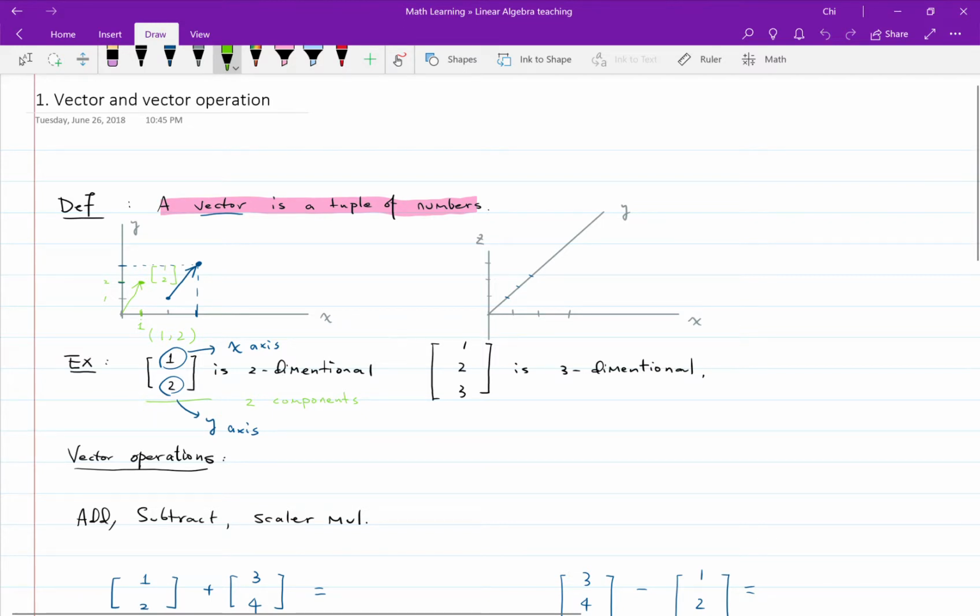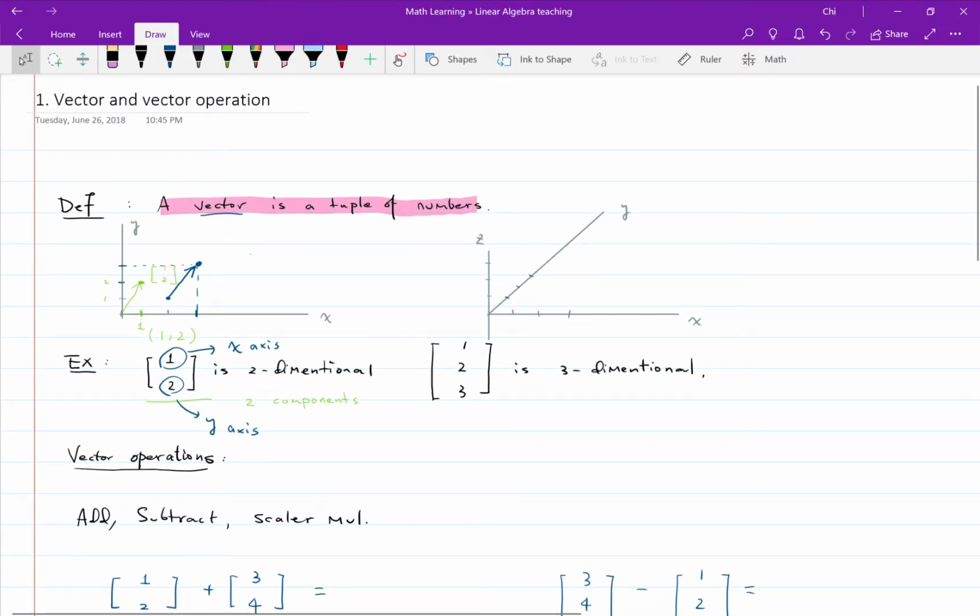So it doesn't really matter where you start the vector, as long as if you copy this and move this around, eventually it can overlap with each other, which in this case it doesn't because my drawing is bad, but technically it should. As long as you can overlap those two vectors onto each other, then those are the same vector. In this case, the blue and the green arrows are all the graphical representation of the vector 1, 2.